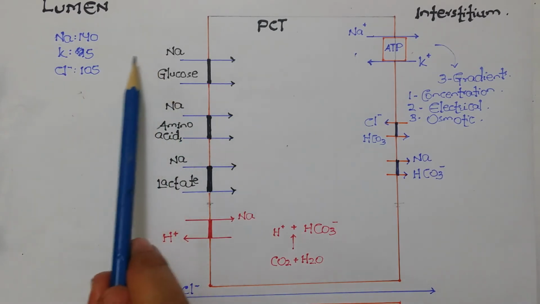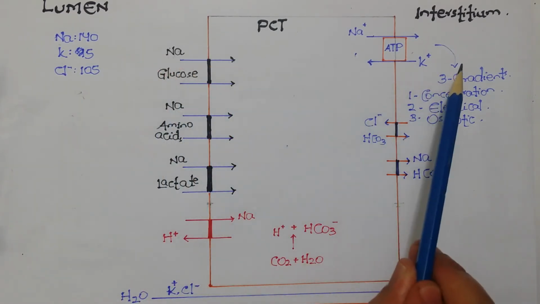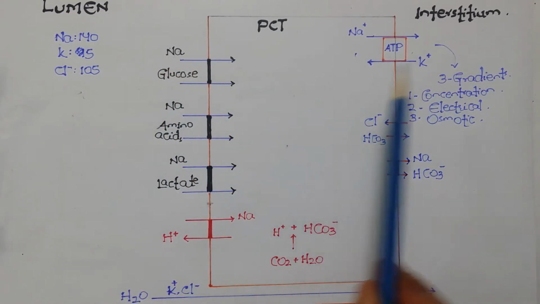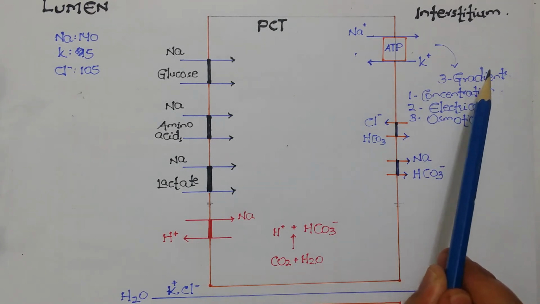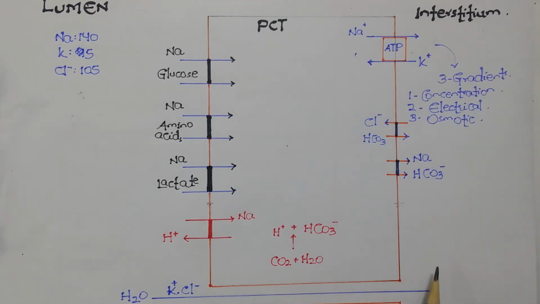After sodium has been reabsorbed into the tubular cell and then dumped into the interstitium, the relative osmolarity within the tubular lumen drops and it becomes higher on the interstitial side. So water follows sodium through the paracellular pathway, that is through the gaps in between adjacent tubular epithelial cells.